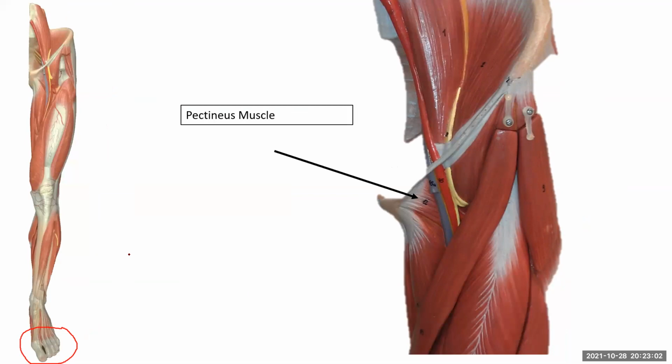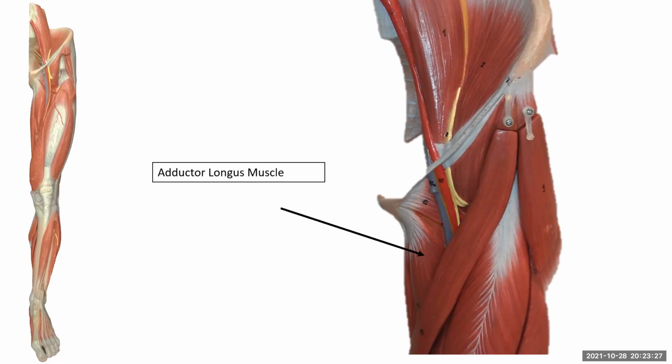Go down to the foot, look for the big toe. The big toe is medial, the small toe is lateral. So I know I'm on the medial portion of my lower extremity, in the adductor or medial compartment. So the first muscle here is pectineus. This is one of the adductors of your thigh.